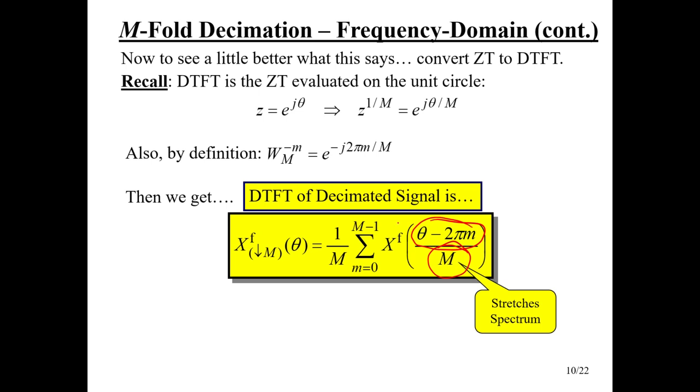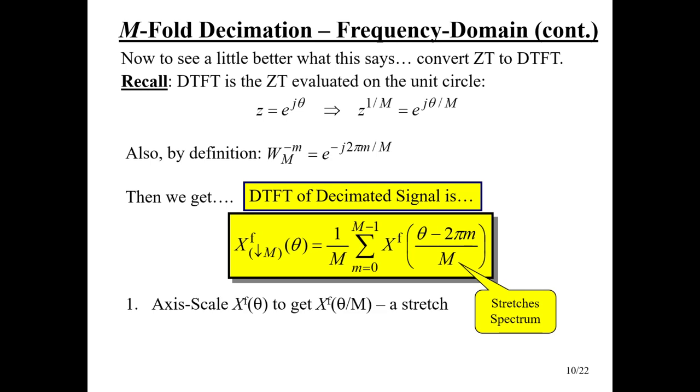So we're going to have the original spectrum stretched and then a whole bunch of shifted versions, right? Because m goes through a bunch of different values. And then all those spectra get added together. So aside from the stretching part, the shifting and adding together looks an awful lot like the spectral replica terms that show up in just regular sampling theory. Go back and look at my review notes, where I covered that.